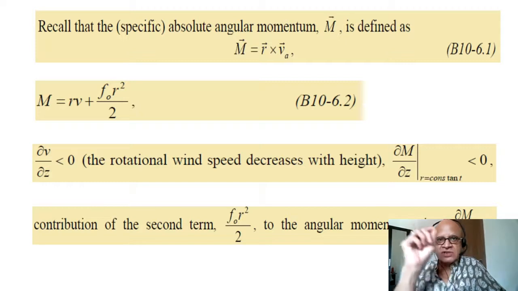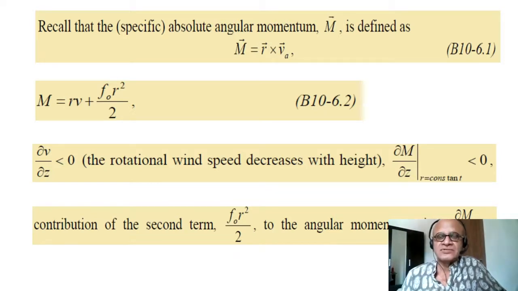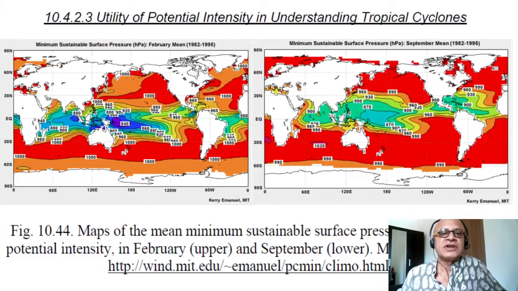You move the parcel away from the axis of rotation and increase r and compensate for the decreasing v term. So rV decreases, but you add f0 r squared, so then you can conserve angular momentum. So dm/dr is greater than 0, and that together gives us the confirmation that in fact the eye wall is an angular momentum surface. So that confirms the theory that we already discussed.